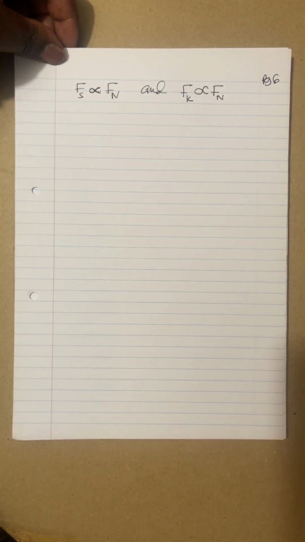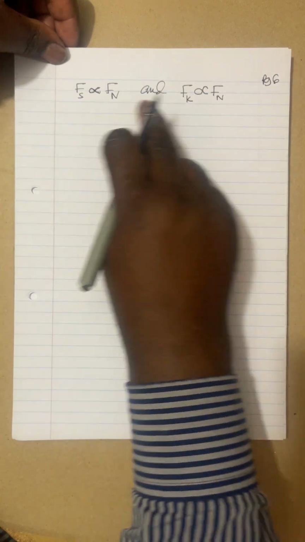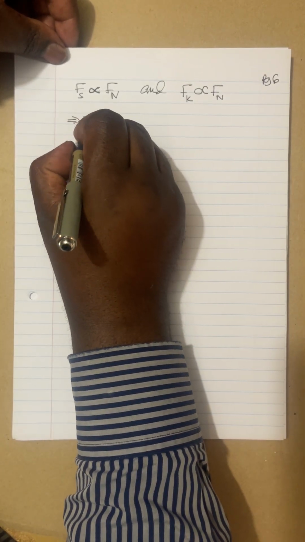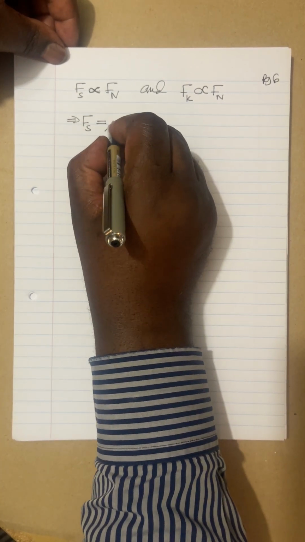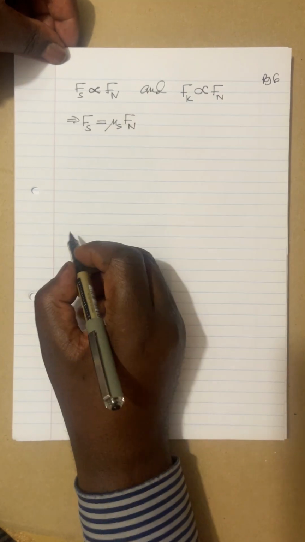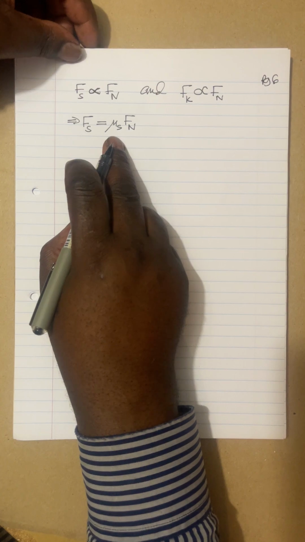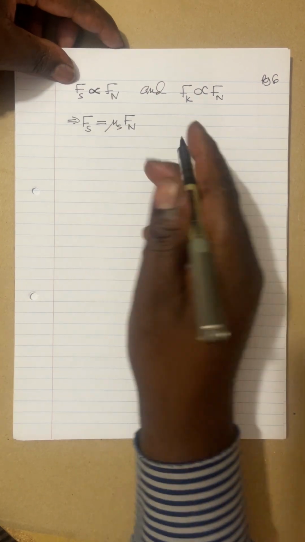Now, to change these mathematical relationships into equations, we are going to say Fs for static frictional force is equal to mu s times Fn. Notice that mu s is a constant of proportionality. In this case, it has a special name. We call it the coefficient of static friction.